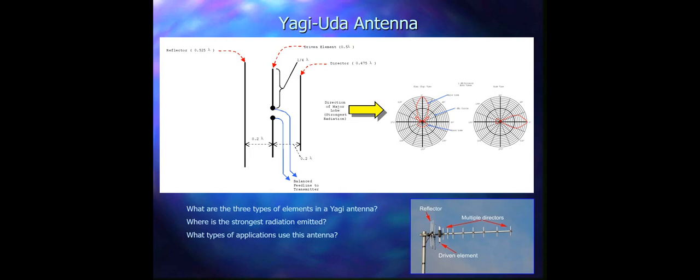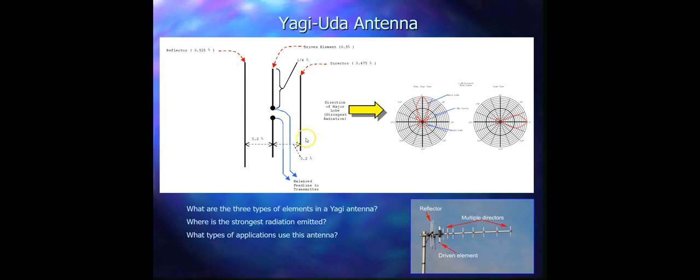Those parasitic elements are our reflector and the multiple directors. So we see these two are parasitic elements, and this is the driven element, which is our dipole antenna. With the help of these we can make the Yagi-Uda antenna.